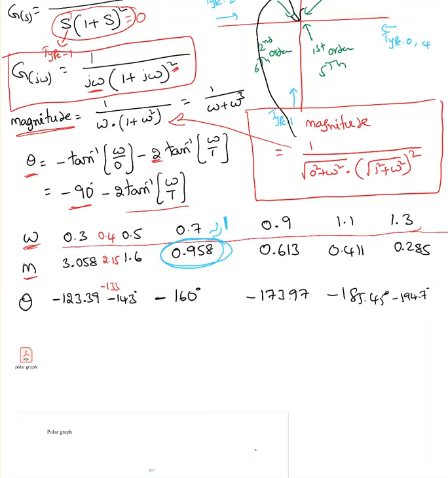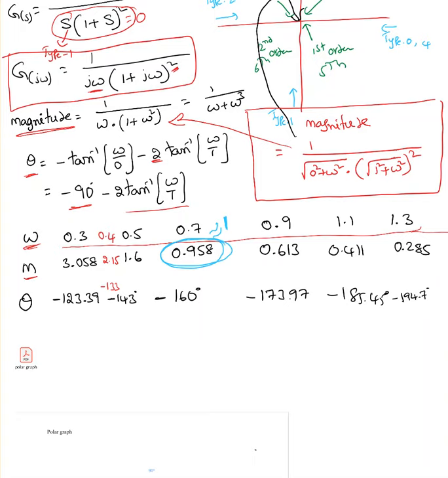As long as magnitude is 1, that omega value is needed. That's all I care for. And then the remaining values, probably 2, 3 on the left hand side, 2, 3 on the right hand side, I'm going to pick the omega values so that I can draw the whole plot.